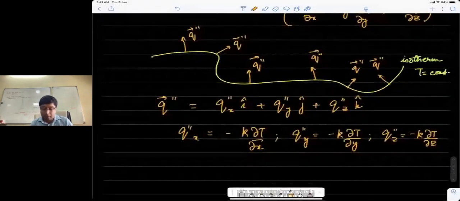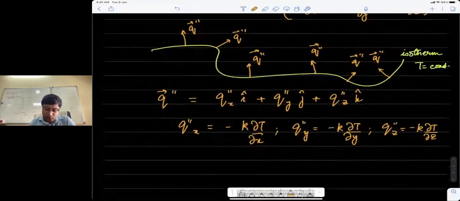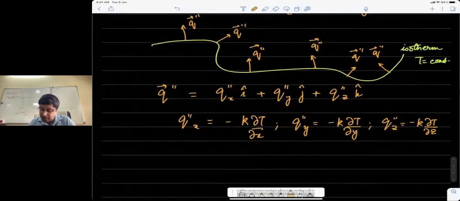So we resolve our flux into three components, and one component in its entirety cannot tell us which way the heat is traveling. We need all three components. But in this course we will only tackle problems with one, at maximum two dimensions. We will not go to all three-dimensional heat transfer. That is for an advanced course, and not in the scope of this treatment.